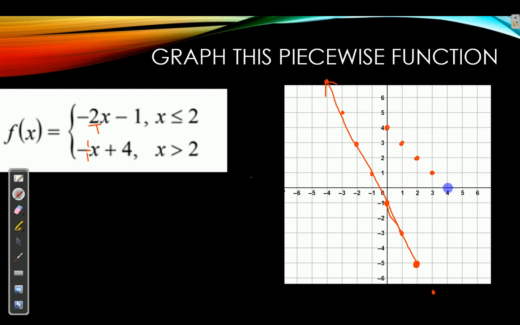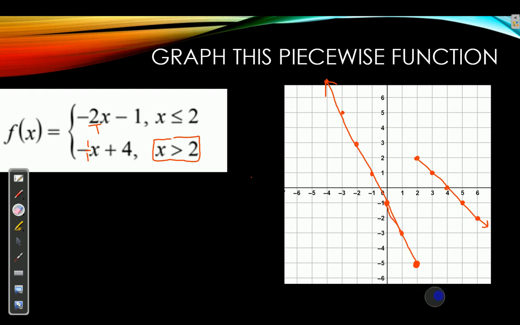I'm going to fill in all these dots, but I'm not going to connect them yet because I have to look at my domain still. When am I actually using these dots? I'm only using these dots when x is bigger than 2. So that is to the right of 2. So I'm going to start at 2, and then I'm only going to color in to the right. Now if you want to make this look a little bit nicer, you can then erase the dots you didn't use.